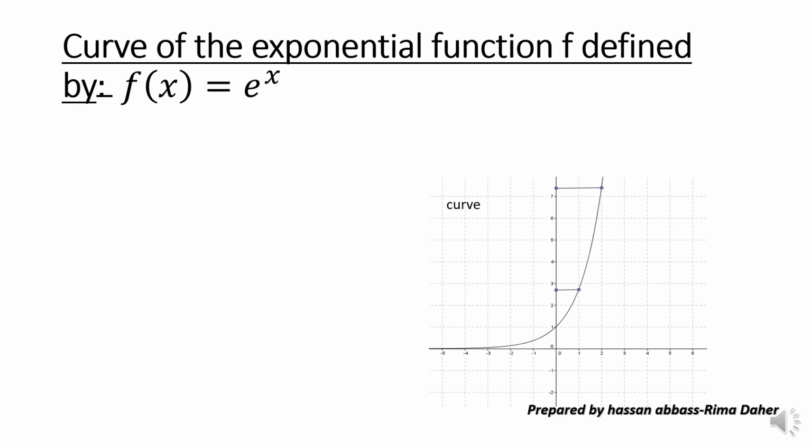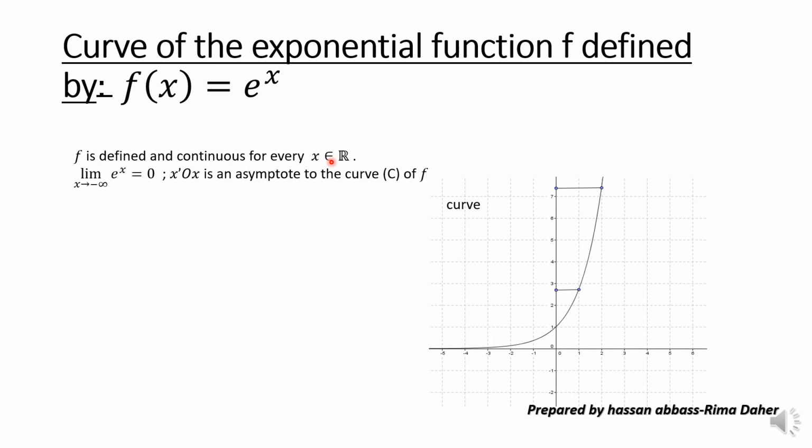The curve of the exponential function in the orthonormal system. The first remark: the exponential function is a function defined and continuous for every x belonging to R. Limit where x tends to minus infinity of the exponential x equals 0, then y equals 0 is a horizontal asymptote, and y equals 0 is the x-axis, the axis of abscissa.